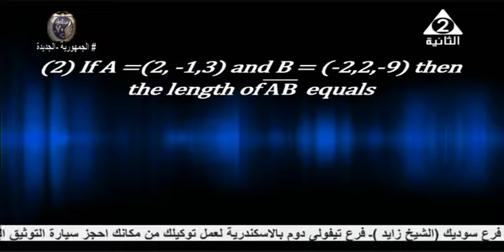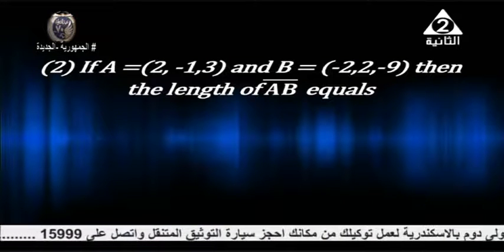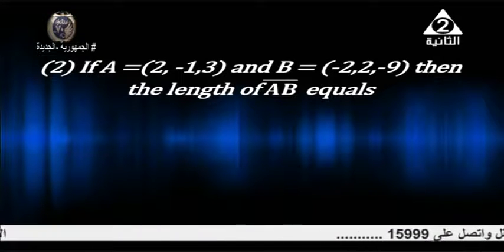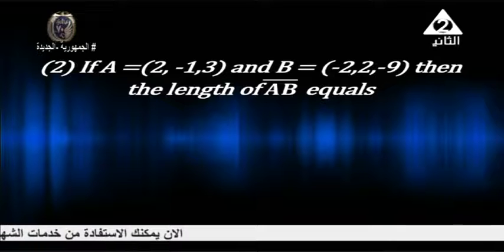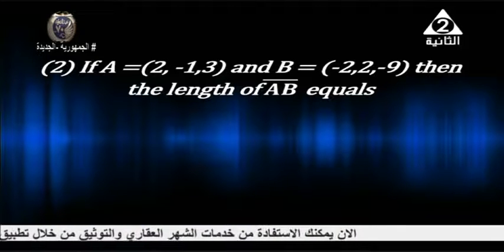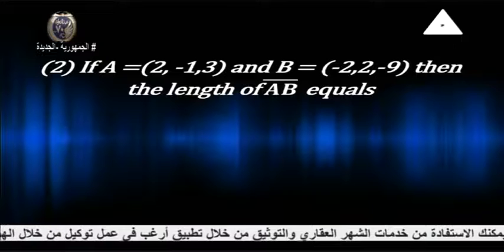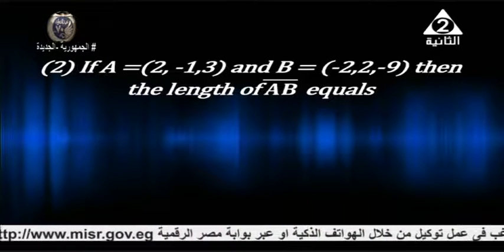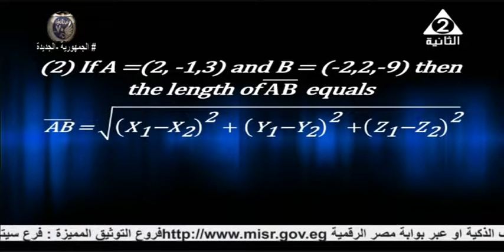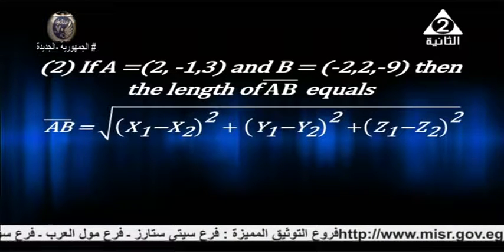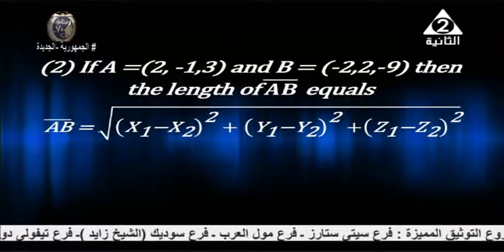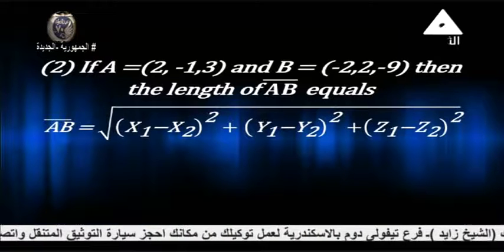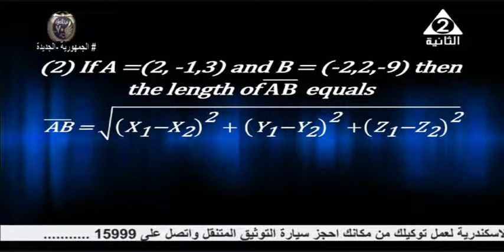Let's move to another example. If we have 2 points, A (2, -1, 3) and B (-2, 2, -9), the length of the line segment AB equals what? This line segment's length has a rule. What is the rule? The square root of (x1 minus x2) squared plus (y1 minus y2) squared plus (z1 minus z2) squared.